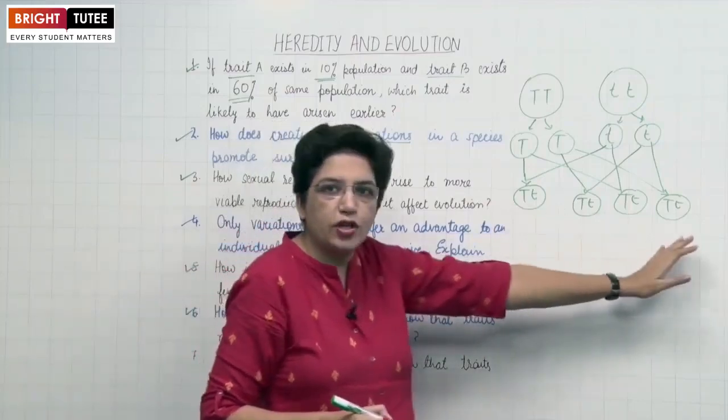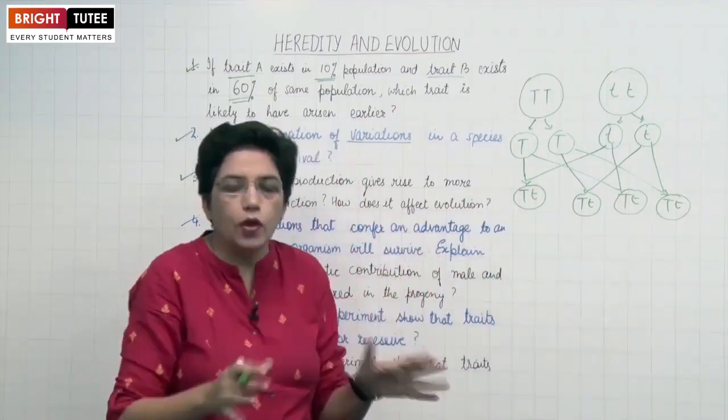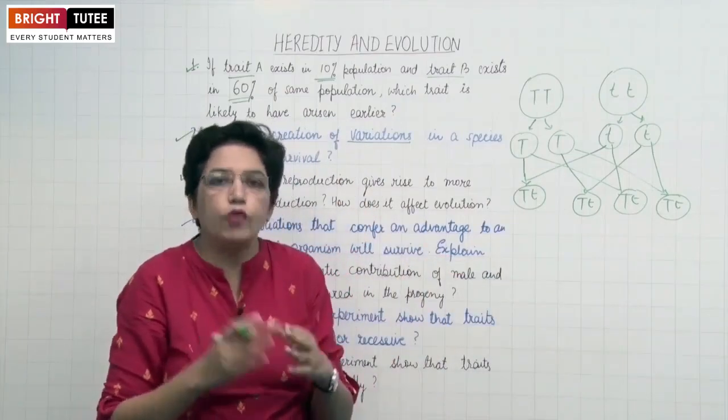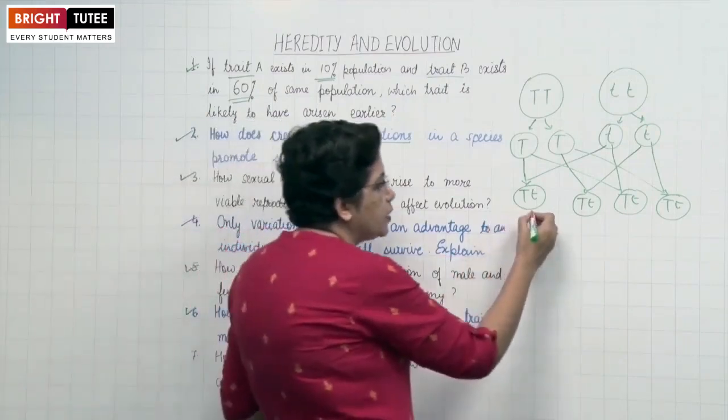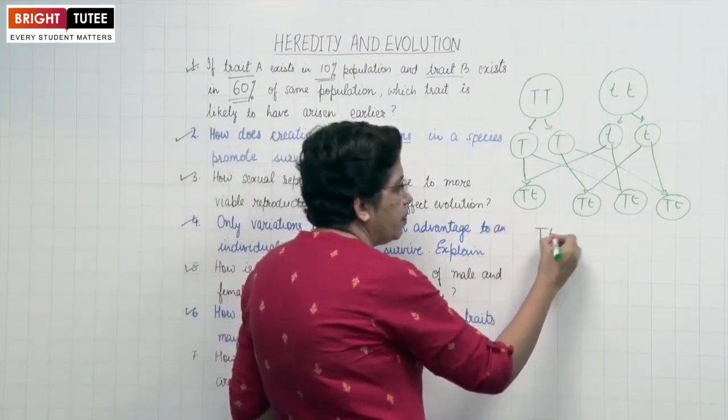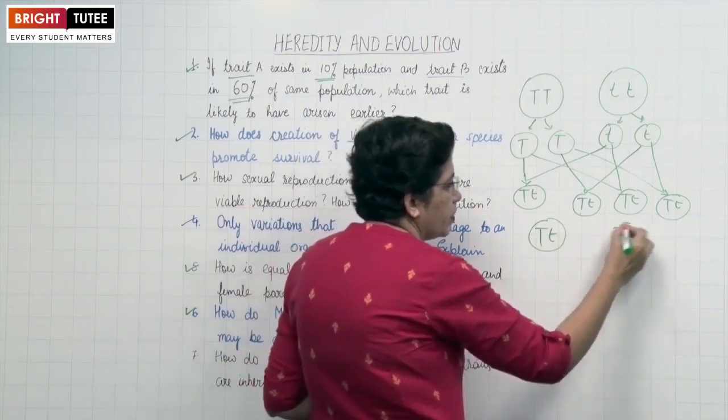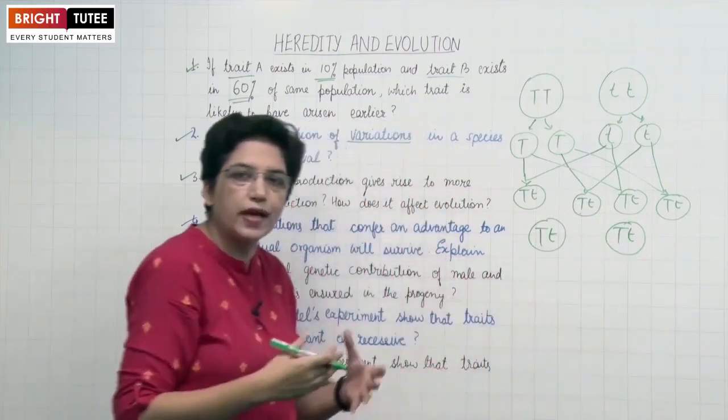So in the F1 generation, all the plants were tall. In the second step, these F1 plants were taken as the parents, and cross breeding was done among them.